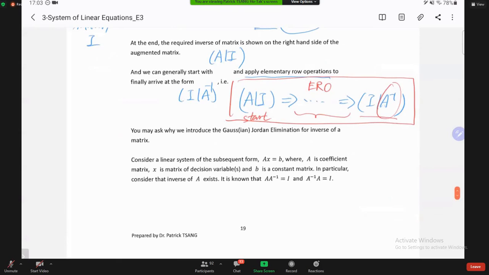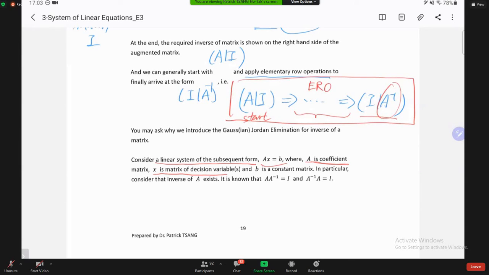Consider a linear system like this, and we write down the matrix equation form: A times X equals B. In particular, A is the coefficient matrix, as usual, and X is the decision variable matrix. It consists of quite a number of variables in a linear system, so I simply put them in one matrix.